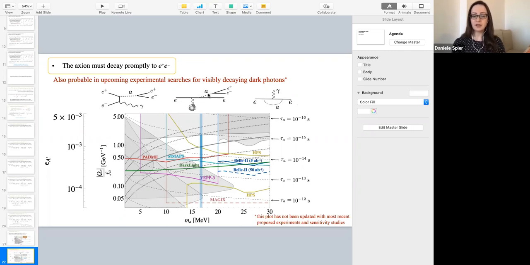The axion can also be produced in fixed target experiments by impinging an electron beam on some fixed target of heavy elements. And then you can bremsstrahlung off an axion and look for an invariant mass bump in this e+ e- final state. Also, the axion can give contributions to the anomalous magnetic dipole moment of the electron.